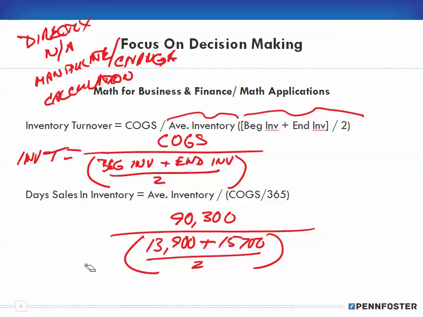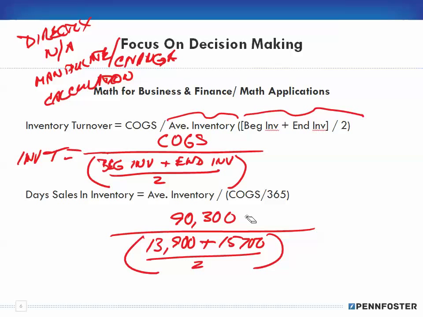Well, some of this information is given to you, and I'm not going to say that you should have known that this 13,900 was a given. To a certain extent, if it was concepts that you had learned previously, then yes, you should know that this is given information, because they're not going to go down through and, let's say for example, the 90,300 is cost of goods sold.